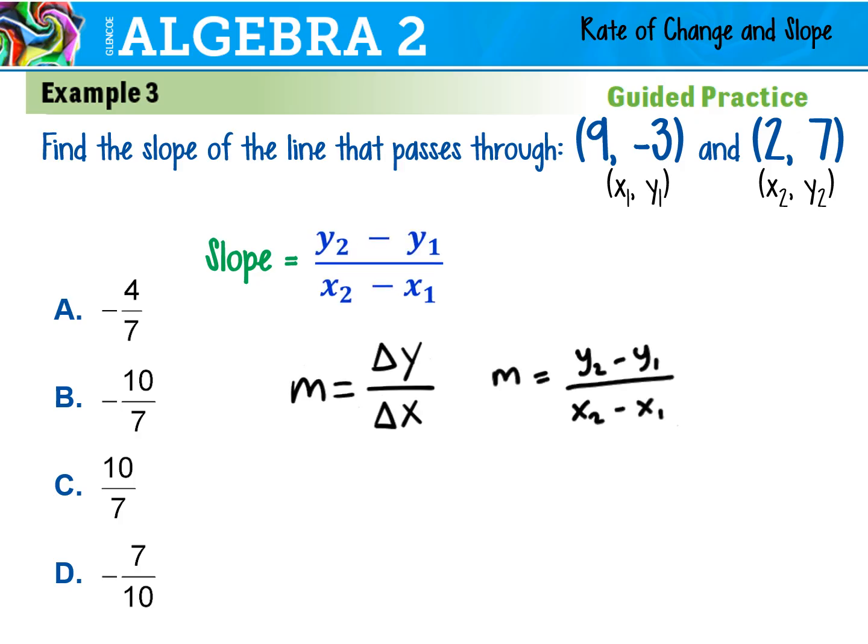So y sub 2 minus y sub 1, which is going to be 7 minus negative 3. And then x sub 2 minus x sub 1, which is 2 minus 9. So plug in those values. 7 minus negative 3 is going to be 10, and 2 minus 9 is negative 7. So negative 10 sevenths is our slope, and that is option B.